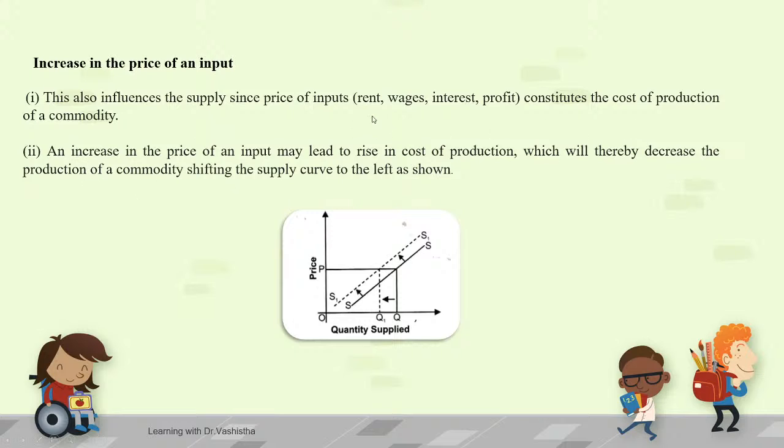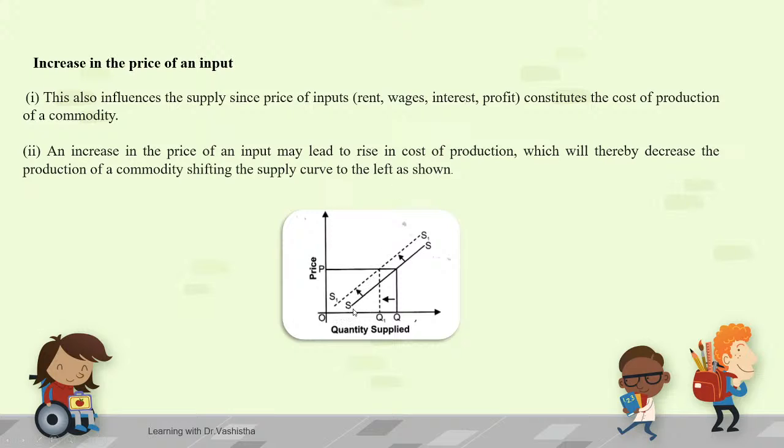So what happens when the price of any of these inputs increases? It will increase the cost of production also. And we already know that whenever there is an increase in the cost of production, there will be a decrease in the production of the commodity, and in that situation the supply curve will shift to the left.